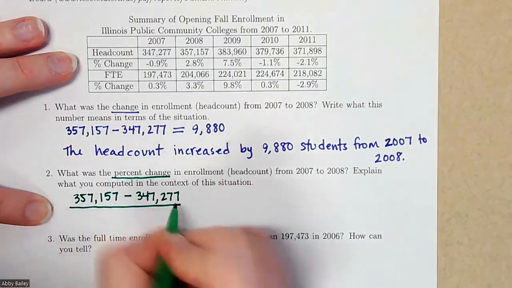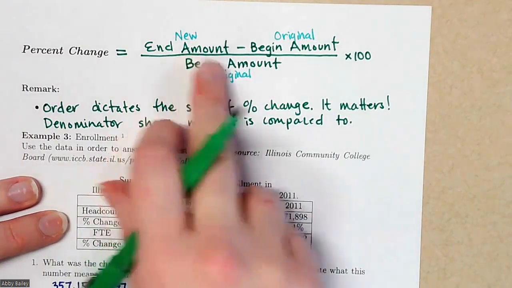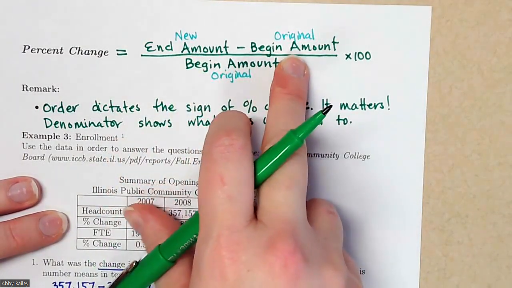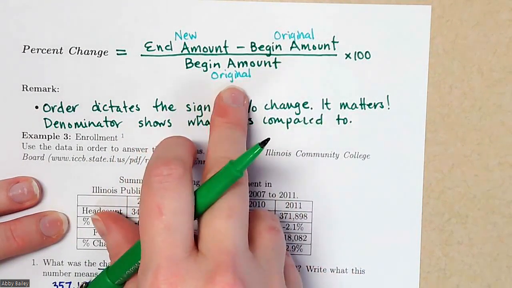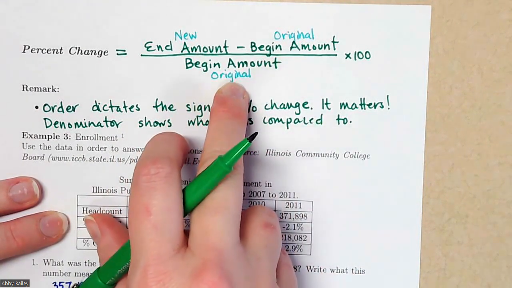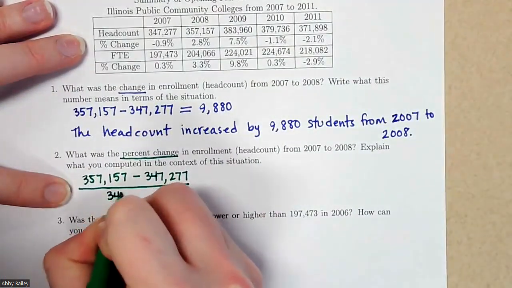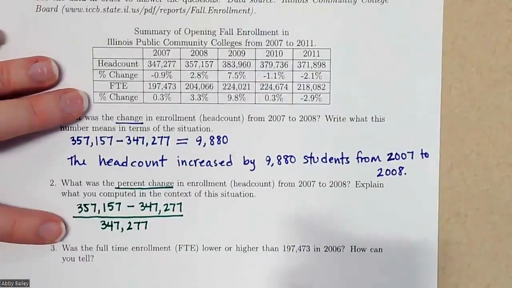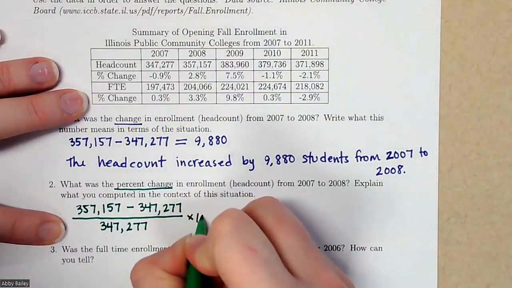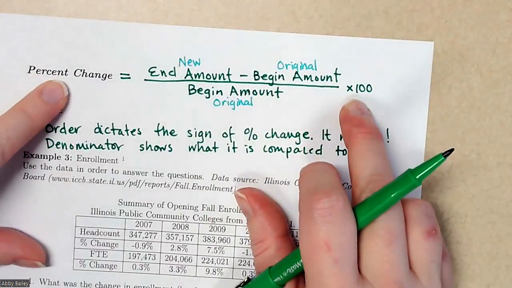And then I'm going to compare that to the number in 2007, the original. So 347,277 students originally in 2007. And then scale that up by 100 to turn it into a percent, or out of 100.